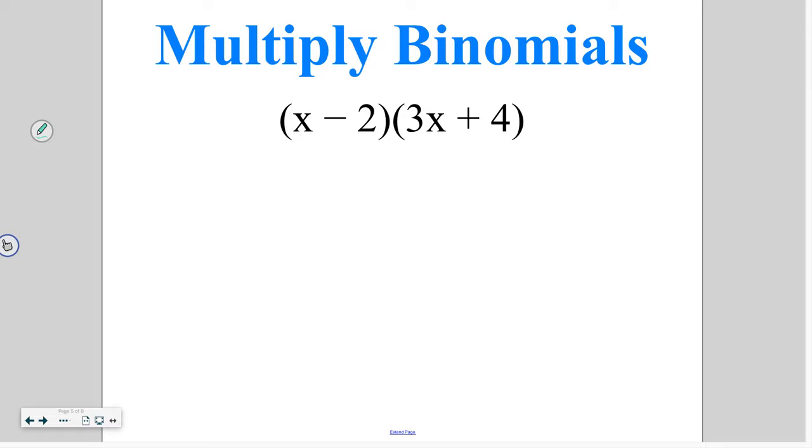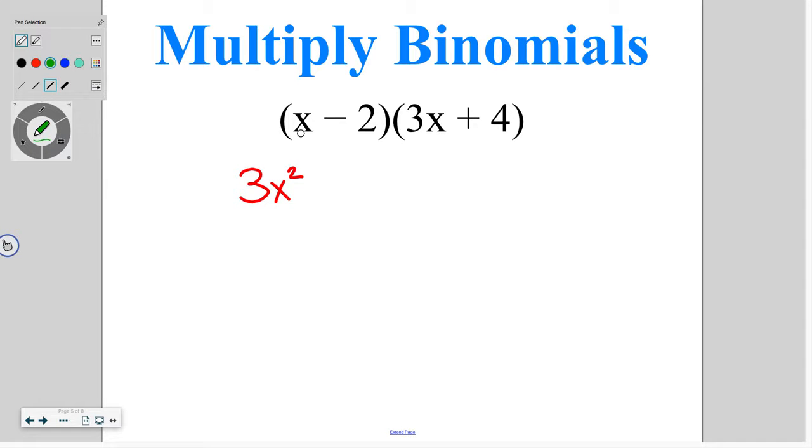So another example of this, we've got x minus 2 times 3x plus 4. So again, I'm going to go through and I'm going to do my first multiplication, which is x times 3x. That's going to give me 3x squared. Then I'm going to go through and I'm going to do outside, which is x times 4, giving me plus 4x.